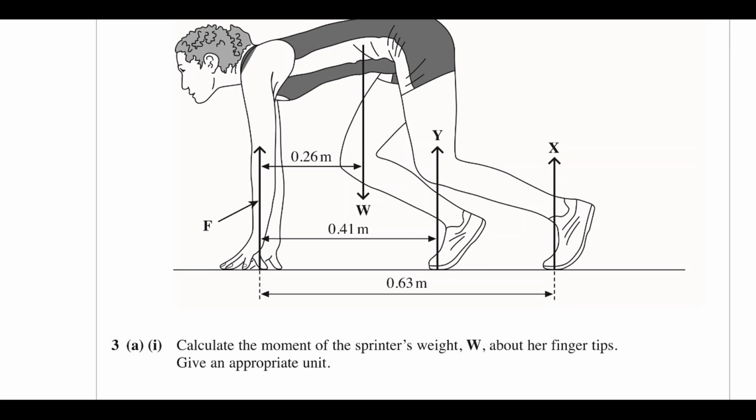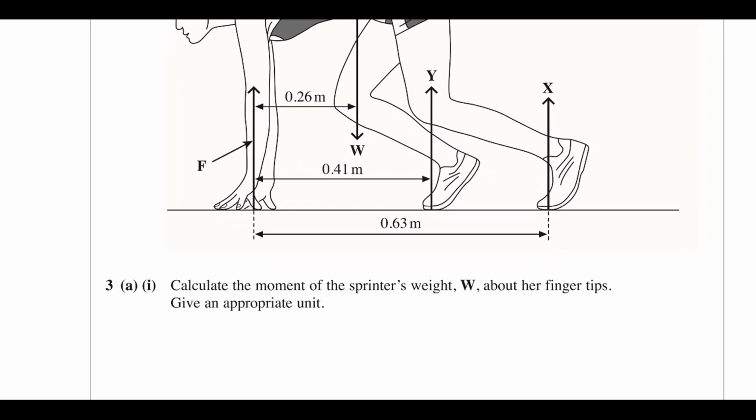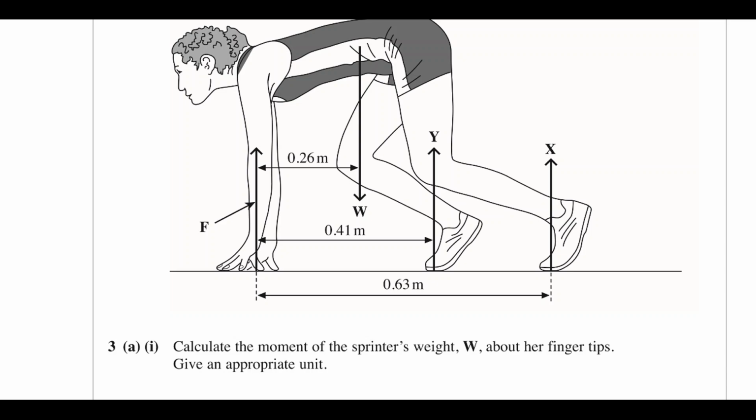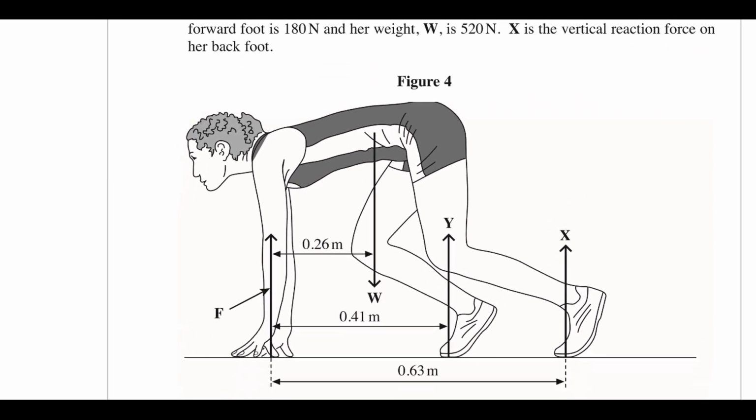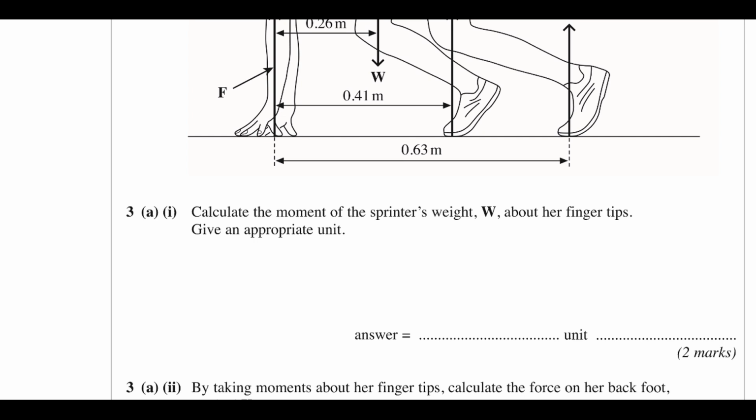Calculate the moment of the sprinter's weight about the fingertips. So the weight is a perpendicular distance of 0.26 and the actual weight force itself is 520. So moment is force times perpendicular distance between the line of action of the force and where you're taking moments about.